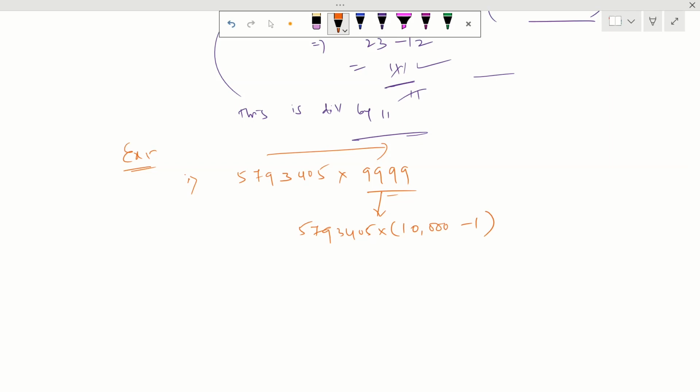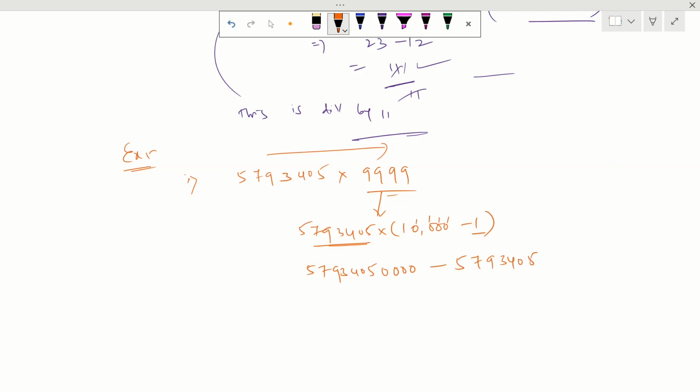Then we can multiply this number easily. 5793405, here there are 4 zeros, so I will put 4 zeros here. Then this number into 1 is the same number 3405.